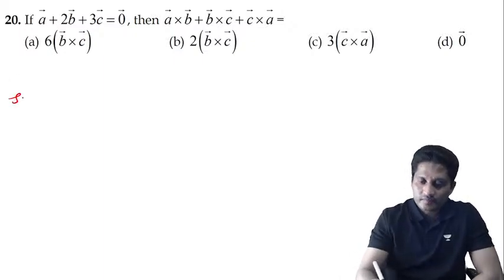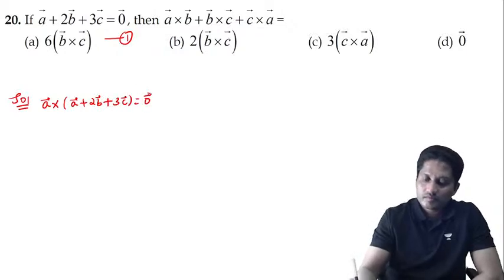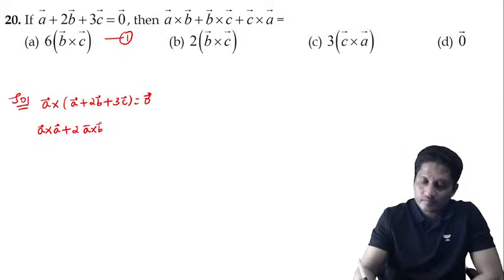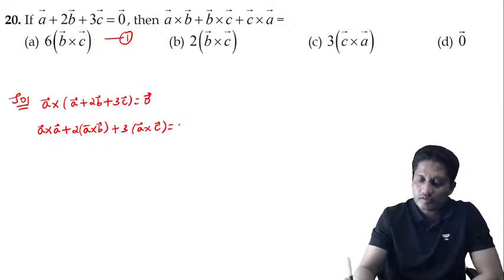Alright, now listen. You call equation 1, you take the cross product with A. A cross with A plus 2B plus 3C is equal to 0. This is A cross A plus 2 times A cross B plus 3 times A cross C is equal to 0.